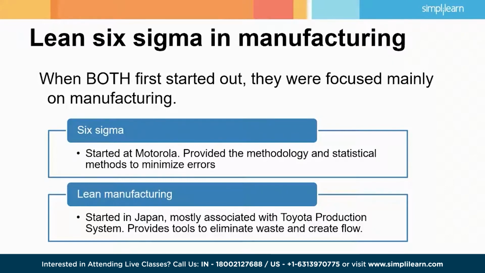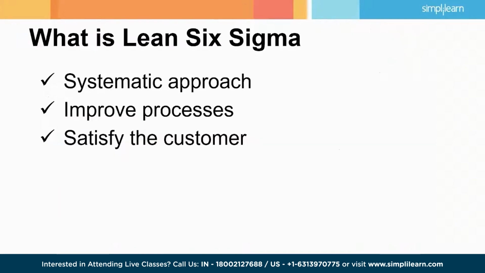But that system stayed behind for a while. Then in the 90s, James Womack, an American, wrote a book about this new methodology to be used in any plant across the world, not only manufacturing. And he called it lean manufacturing. Its basic usefulness is in providing the tools to identify and eliminate waste throughout the manufacturing process. So this is how Six Sigma and lean manufacturing started.